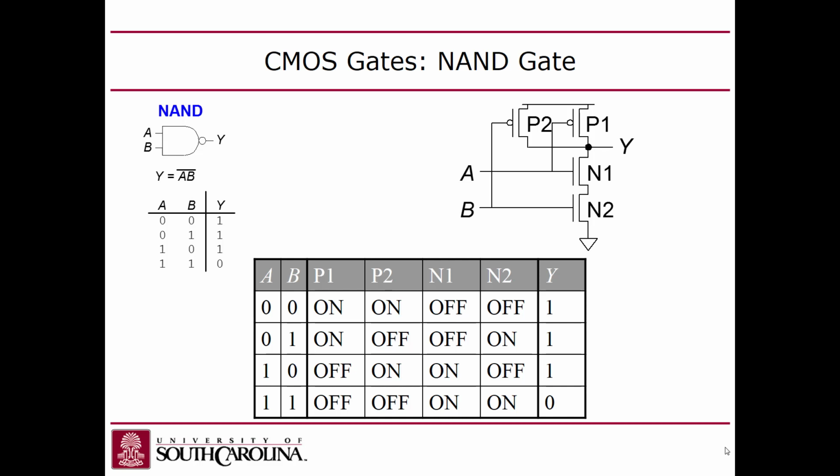Make sure I don't screw this up. 0, 0, 1, 0, 1, 1, and then the last one is 0, 1, 0. So that's 1, 0, 1, right? So 1, 1, 0, and 1.